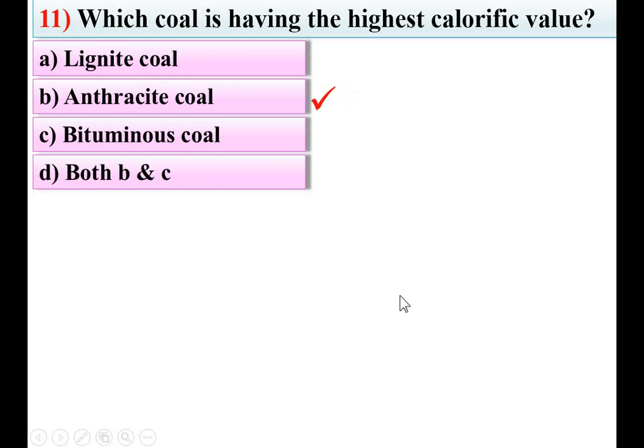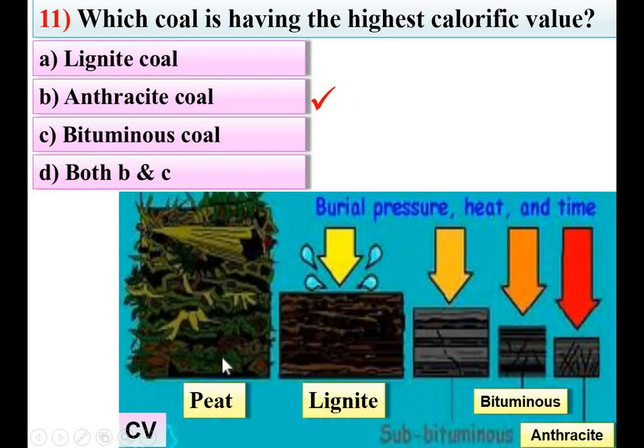But let me show you one important figure. Here you can see peat, lignite, subbituminous, bituminous, and anthracite. According to calorific value, I can see that in this direction it is going to increase. That means, according to the calorific value, this is ascending order. If you move from left to right, the calorific value increases.